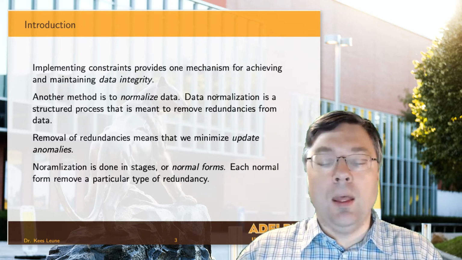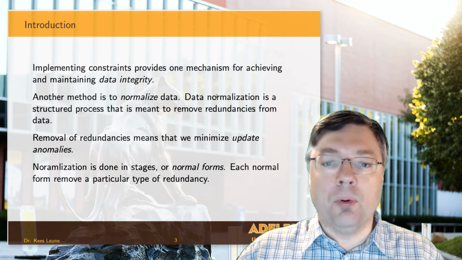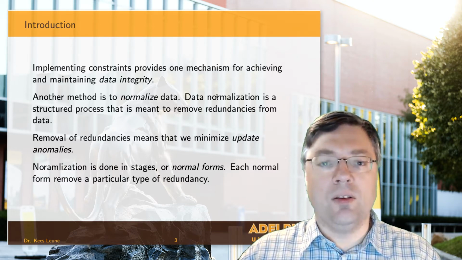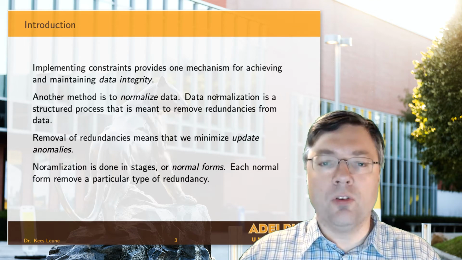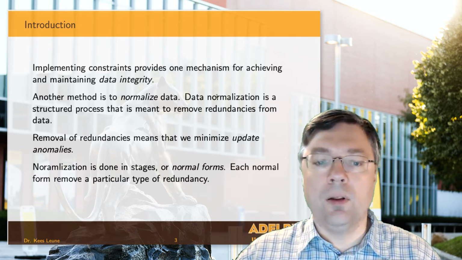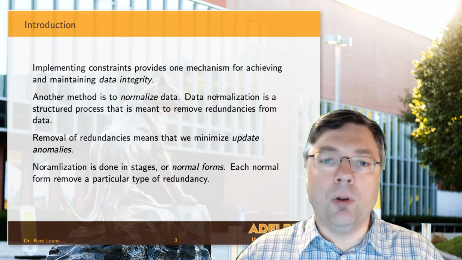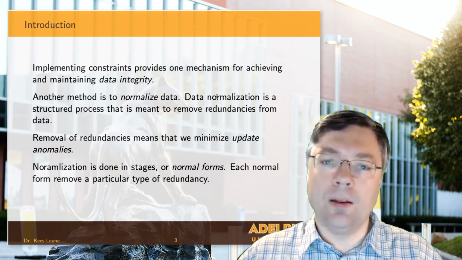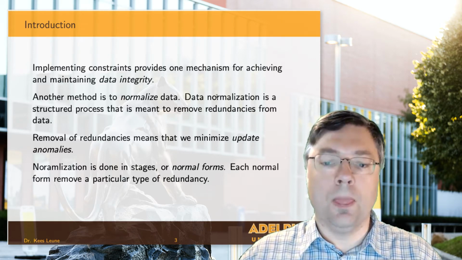And that means that, for example, our integrity rules that we talked about, domain integrity, entity integrity, foreign referential integrity, and the general constraints can play a role in that. The other thing that can play a role in that is the mechanism that we use to organize the data. And that, in this case, is called normalization.